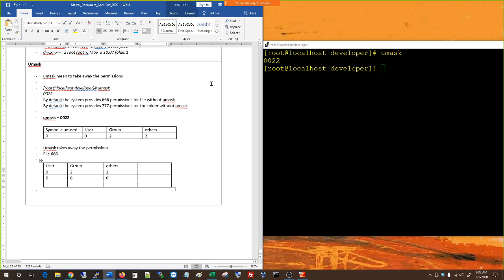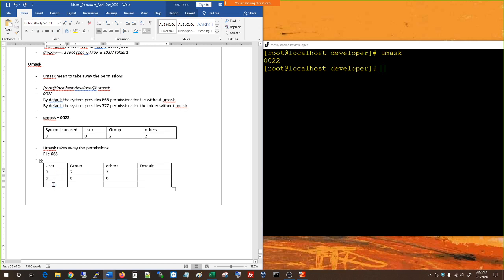So the system is providing the permission 666 for the file, but the umask is taking away some permissions simultaneously, and the set umask is 022.